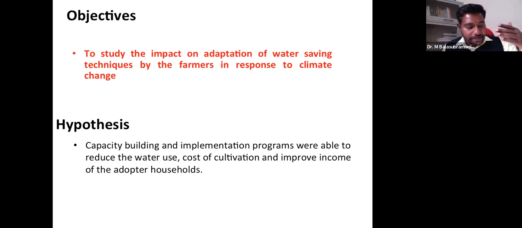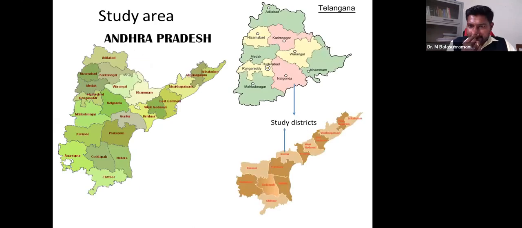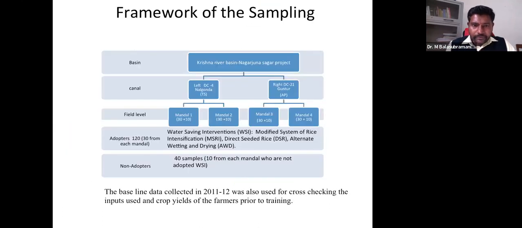Whether this capacity building and participation reduces the water use or cost of cultivation or increases the income, that is our study. This project area is in Nalgonda from Telangana and Guntur district. Two districts were taken.